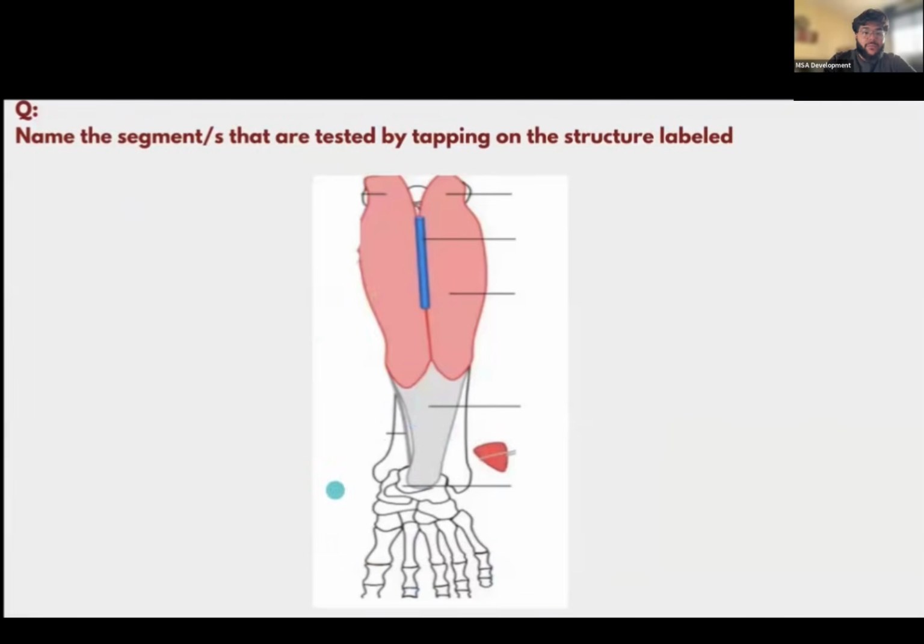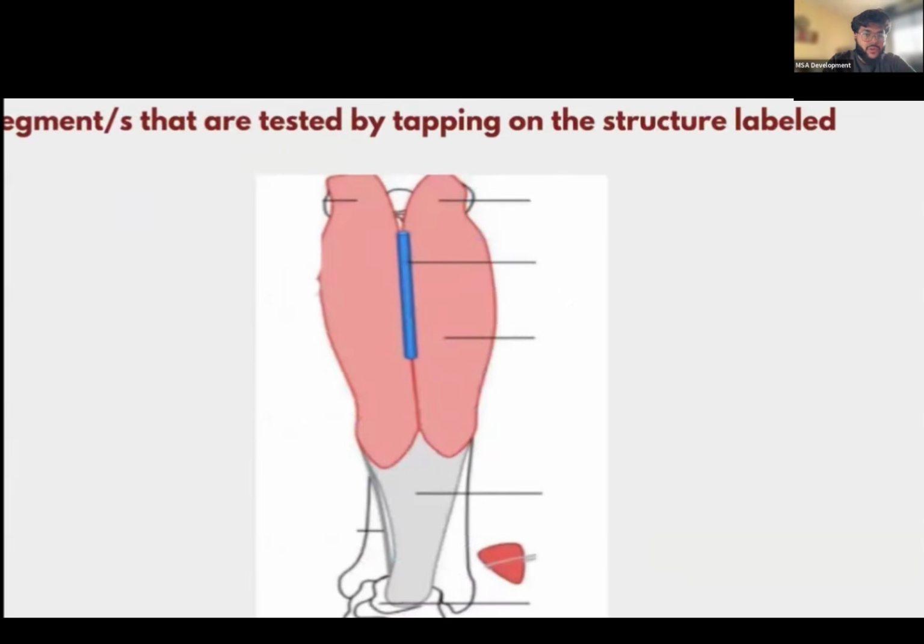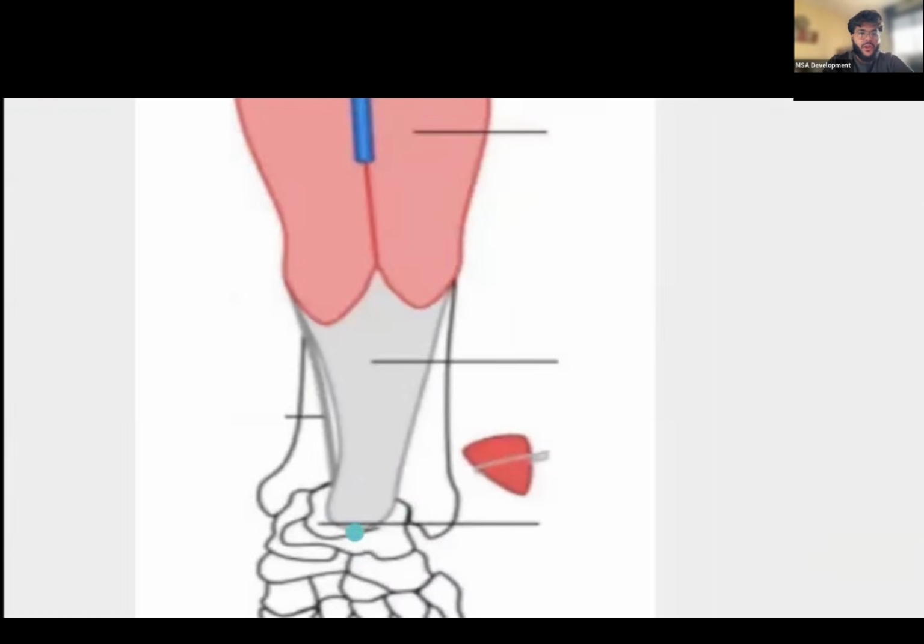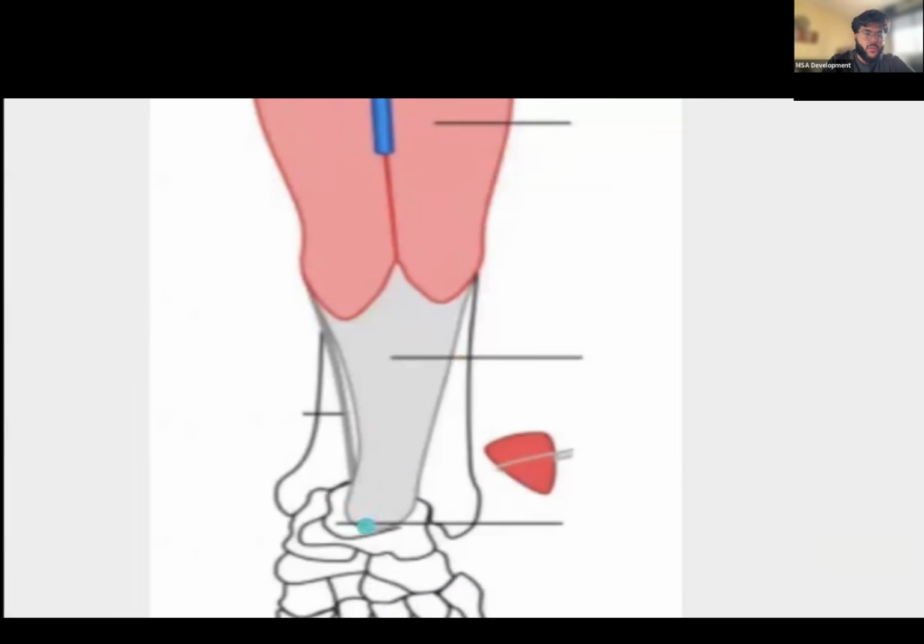Next up, which segments are tested by tapping the structure labeled over here? They tap the structure, and what would be the nerves that are stimulated? First of all, identify what this is. This is the foot. On the foot we have the large tendon, the calcaneal tendon, also known as the Achilles tendon.